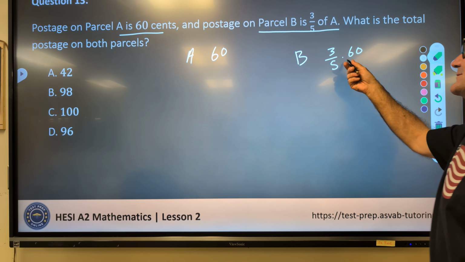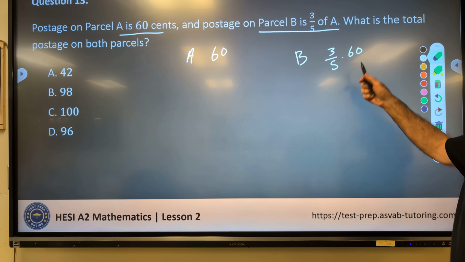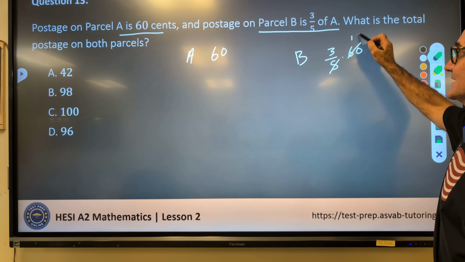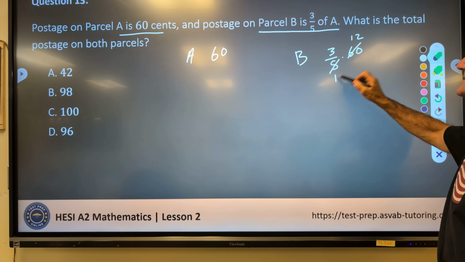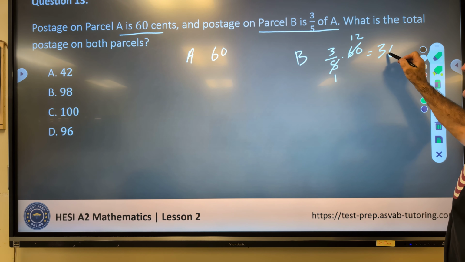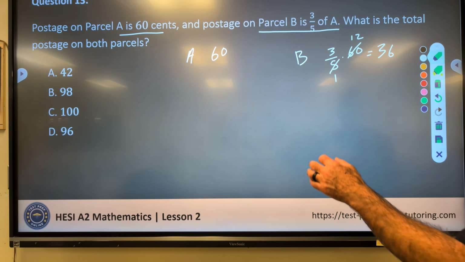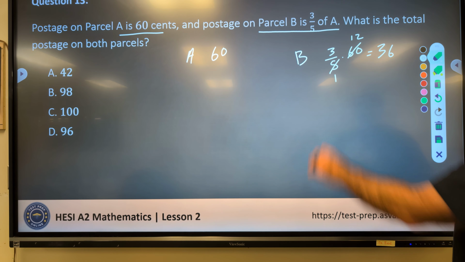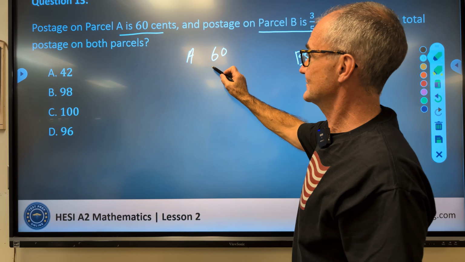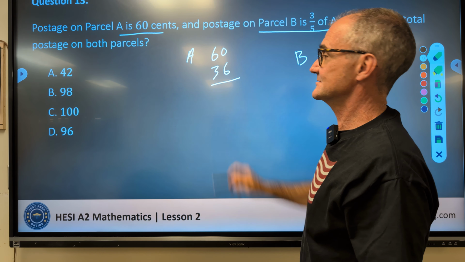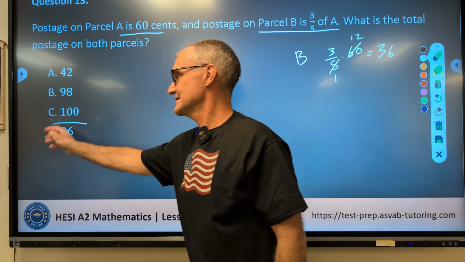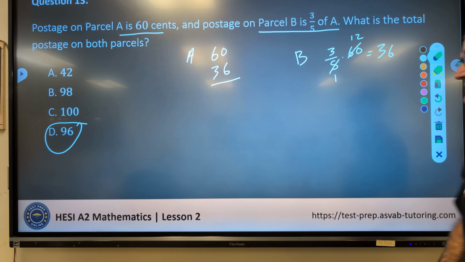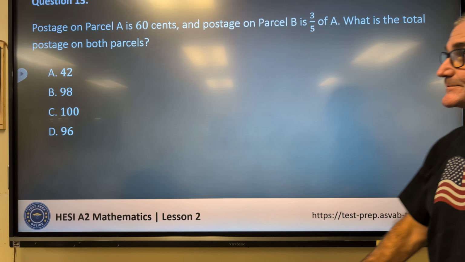So that means multiplication. 5 goes into 60 12 times, 3 times 12 is 36. So B is 36. So A is 60, B is 36. I add those two together, and that gives me 96 cents. Correct answer, answer D right there.